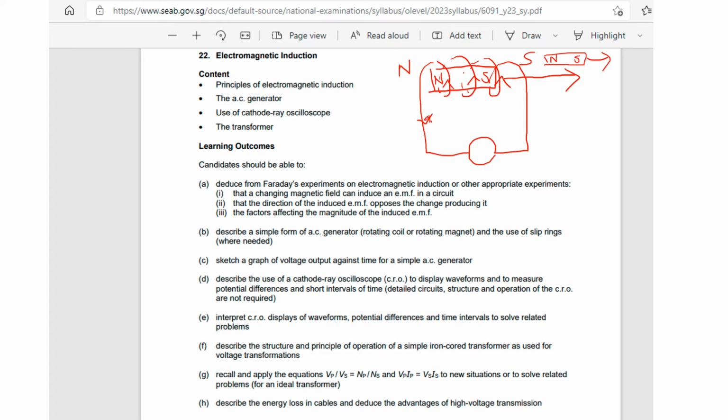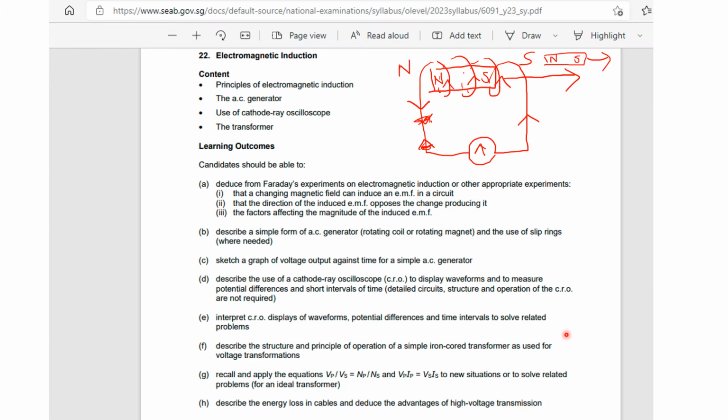So in other words, the current should be moving in this direction. Okay, so that is how you make use of part 2, determine the direction of the induced EMF.